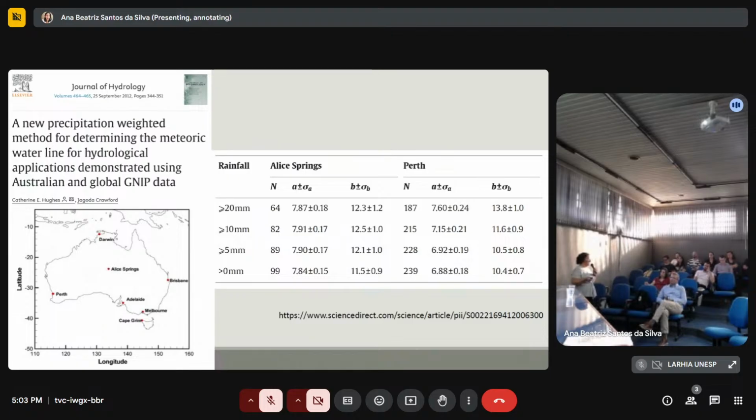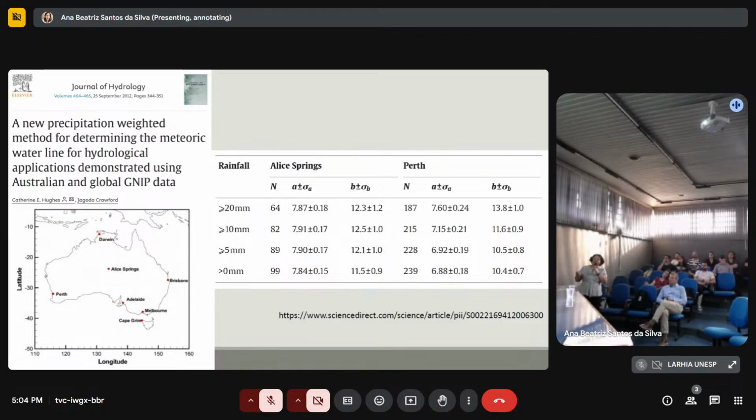So this research paper explains how these different regression methods can be used and when each method is recommended. And what you see here is that the size of the rainfall in these places could affect the regression you observe from one side or the other.